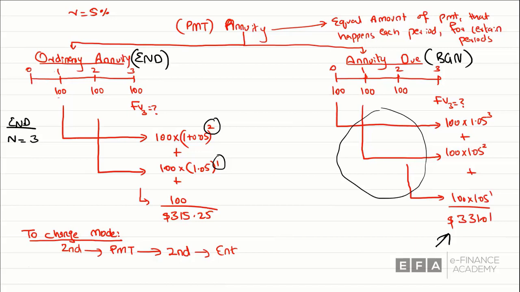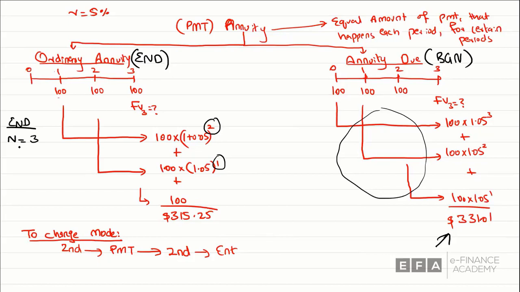An easy way to tackle annuities is to interpret N as the number of payments, not the number of periods. That makes your life a bit easier.